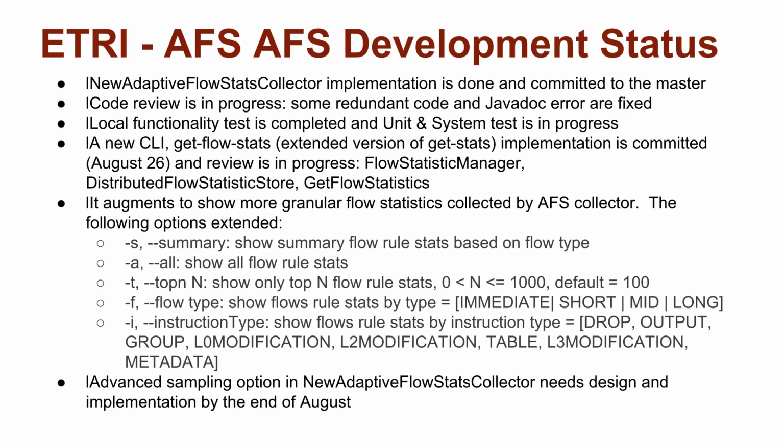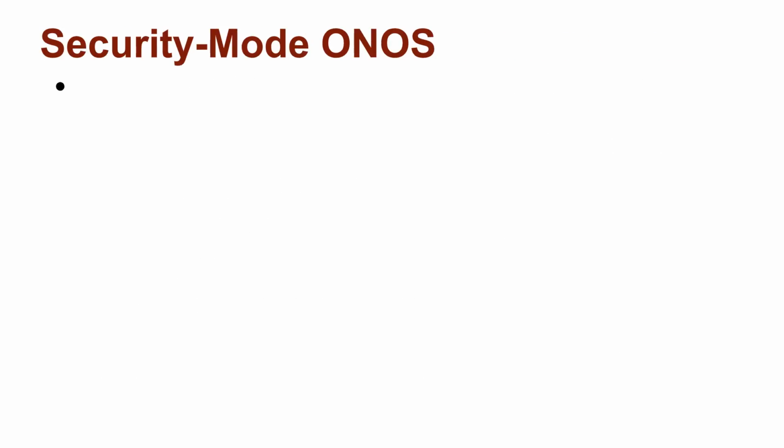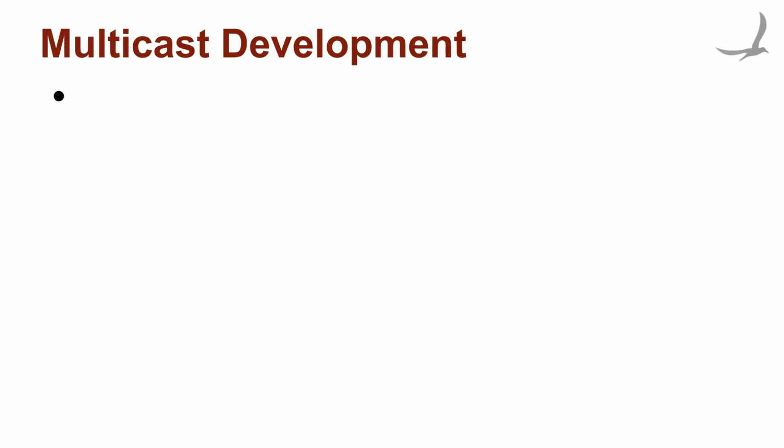It went through a couple of rounds, and I think it's near the point where it can be pushed through. What this does is replace the existing flow manager with this revised one, because the existing flow manager does things at a very rigid, constant rate, which I think was hitting SDN-IP performance.